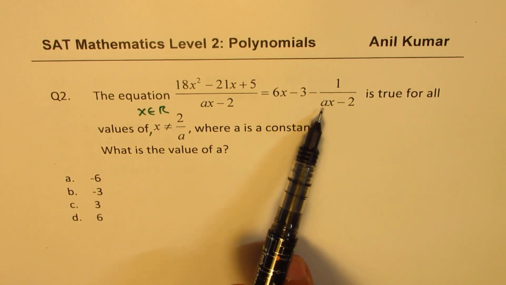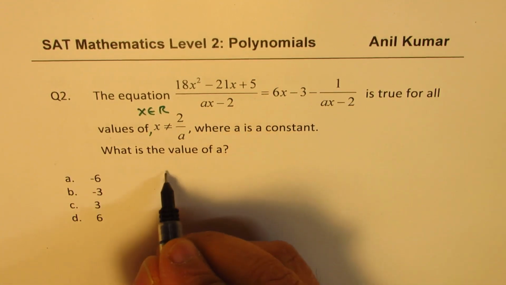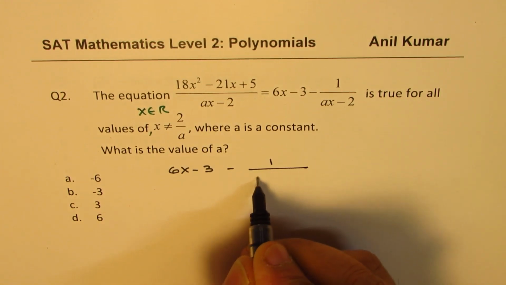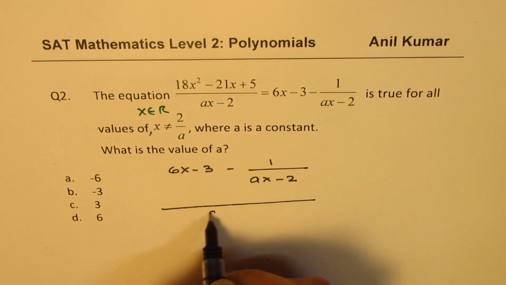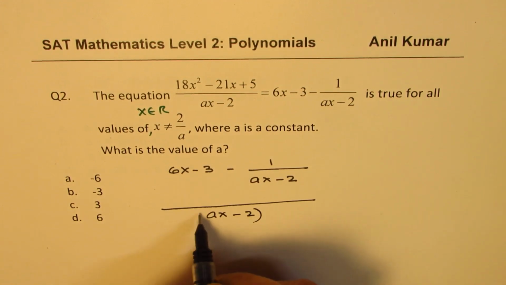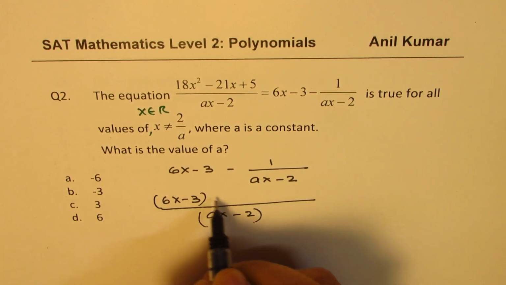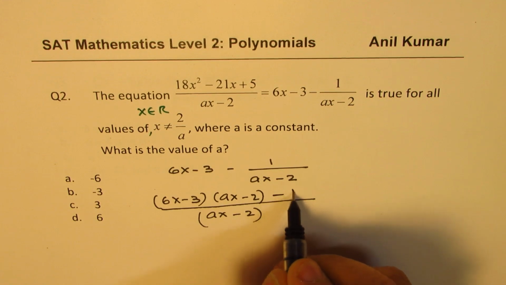Now how do you get the value of a? This is relatively a simple question. So on the right side, what do you have? You have 6x - 3 - 1/(ax - 2). If you take the common denominator as ax - 2, what do you get? You get (6x - 3) times (ax - 2), minus 1.